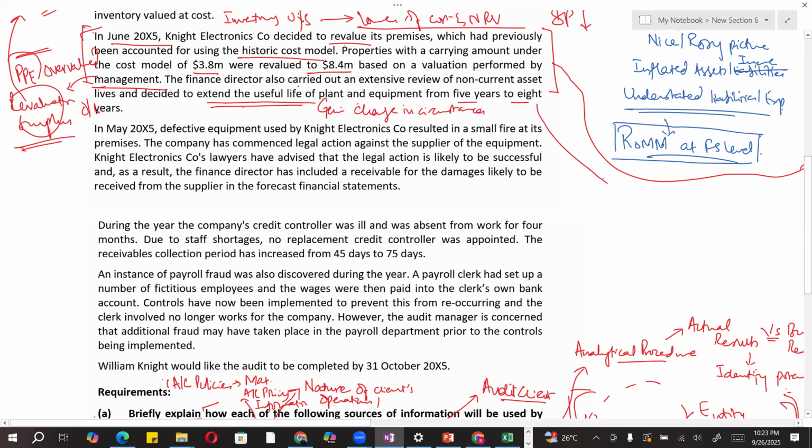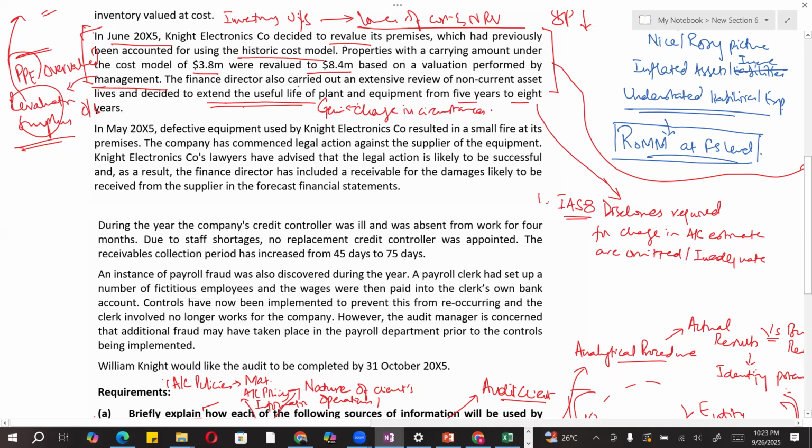Now, there are two things. For example, the change is indeed genuine. Then what is the risk? The risk is that the disclosures required for change in accounting estimate are omitted or inadequate. There are various disclosure requirements when you change an accounting estimate under IAS 8. So there's a possibility that those disclosures could be omitted or inadequate.